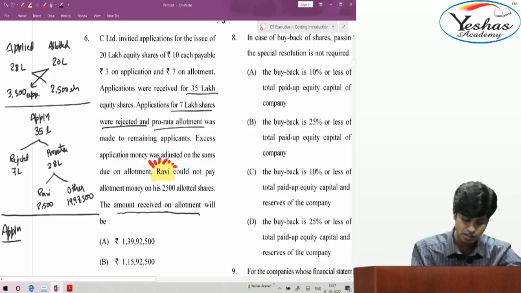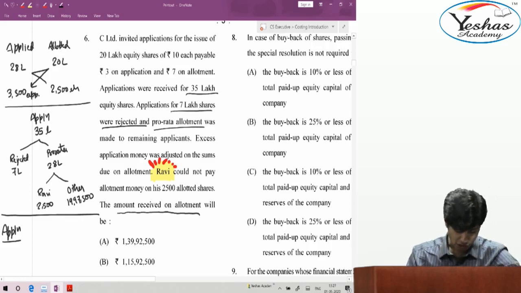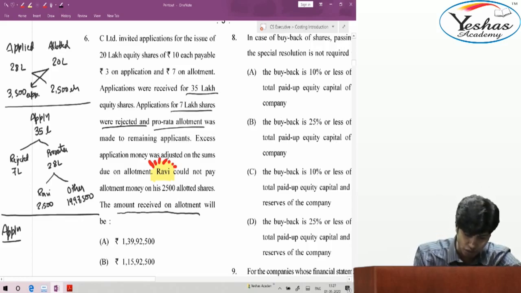So application stage is done. Now we'll go to allotment stage. At allotment stage you are supposed to collect for 20 lakh shares. You are supposed to collect 7 per share. So that comes down to how much? 20 lakh into 7 is basically 140 lakh. But out of that, there is calls in advance.